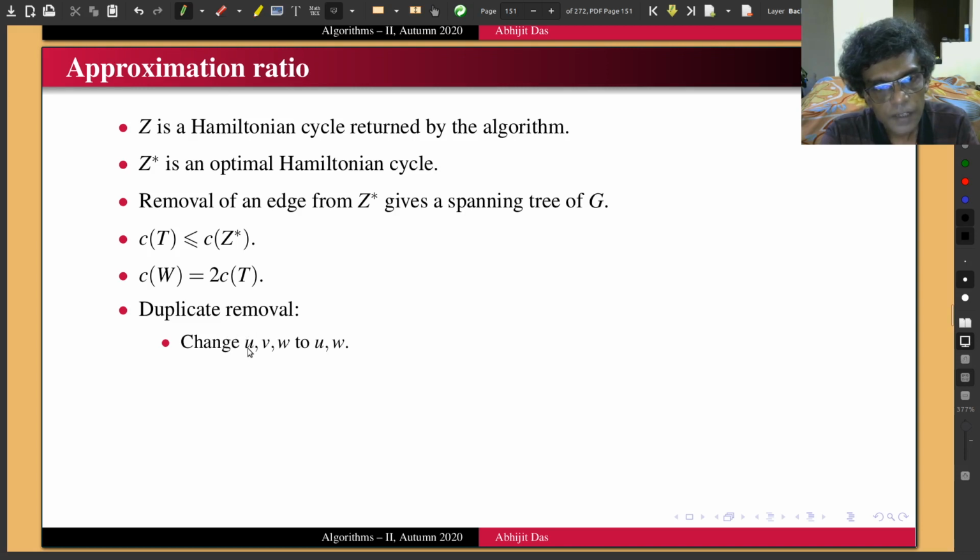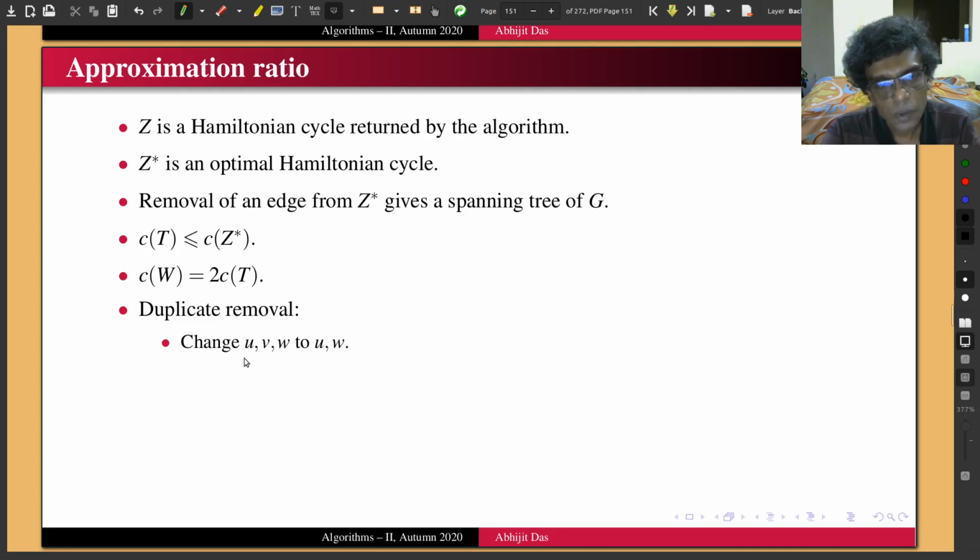Therefore, I can find some U here, and W is anyway, let us say, in the middle. So duplicate removal means you simply remove this V and shorten that tour from U, V, W to U, W.